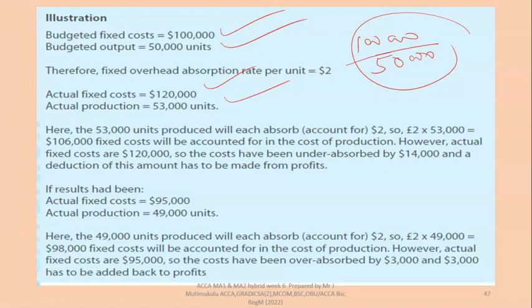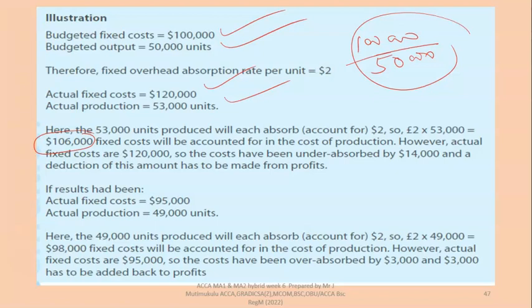Why? Because the actual were 120,000, but according to our budget, the overhead absorption rate produced 106,000, which were only accounted for. So we under absorbed. The cost has been under absorbed by 14,000.